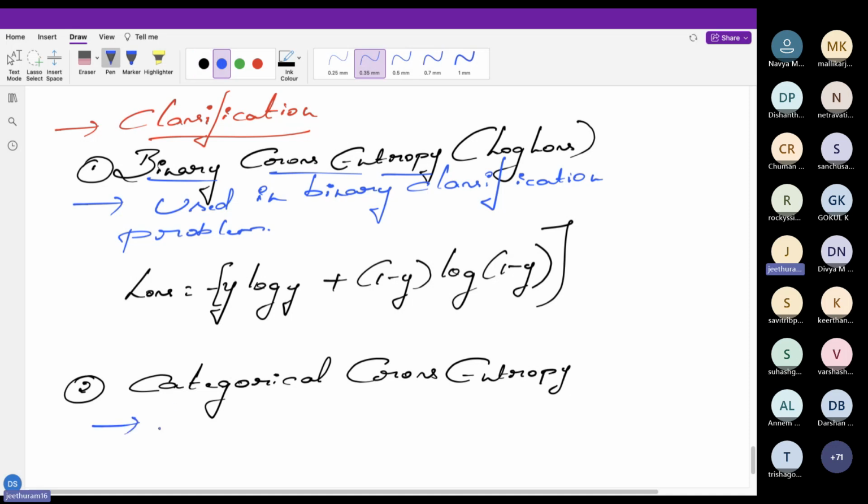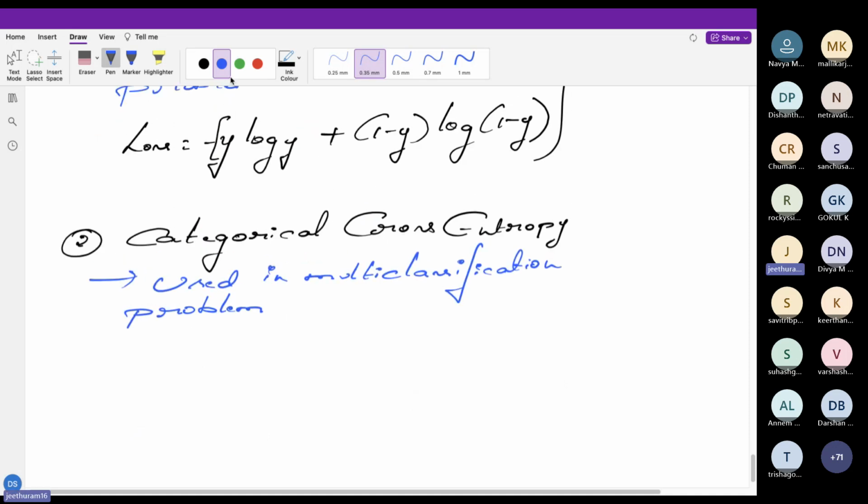So it is used in multi-classification problem.